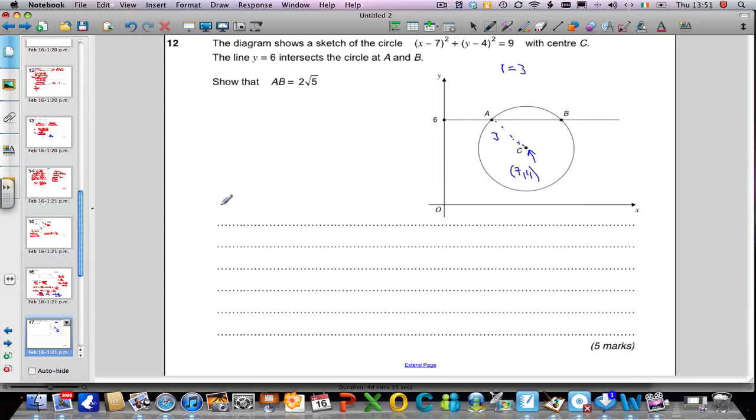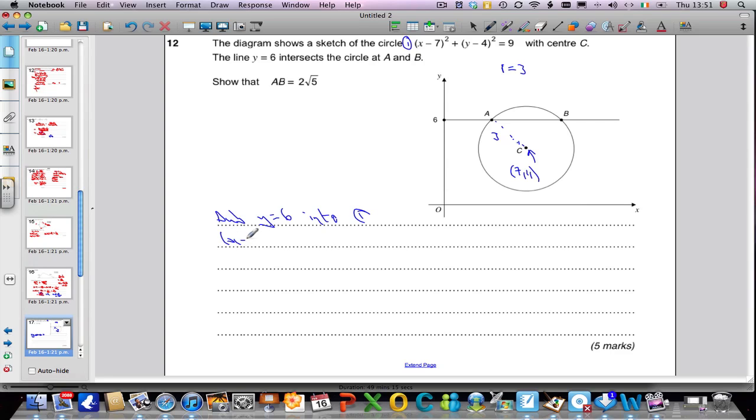So I'm going to substitute y equal to 6 into the equation, and work out what x would be.